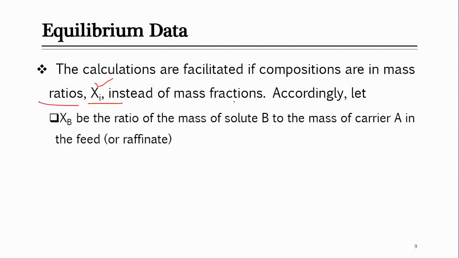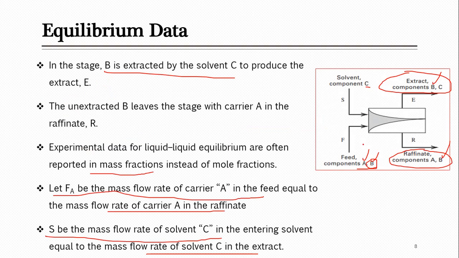So for our system we can define two X, one is X capital B. So X capital B is the ratio of the mass of solute B to the mass of carrier A in the feed or raffinate. So look at this system back here, you are writing XB.